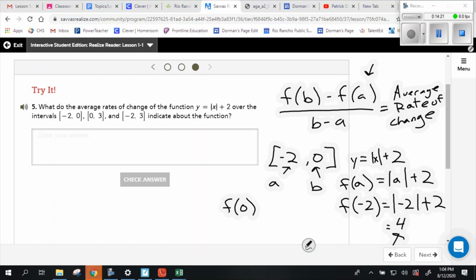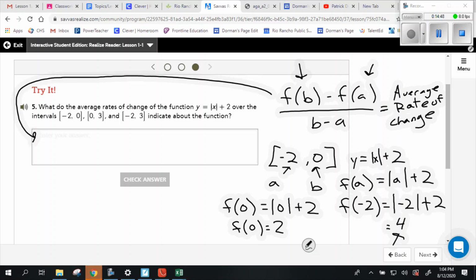Okay, so it turns out then that f of 0 is equal to 2. All right, so that's what I'm going to be plugging in there. So let's go ahead and look at what we've got. So I'm going to go ahead and just write all that stuff over here. F of b, we said, is 4.